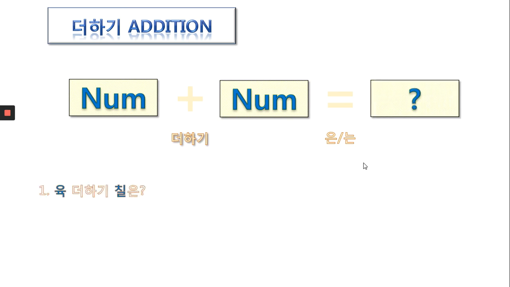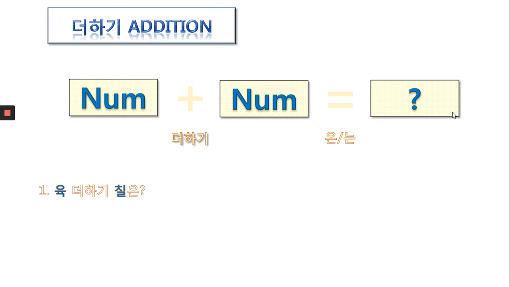So for example, 6 더하기 7은 what? 뭐예요? Do you understand? So what is 6 plus 7? Okay, 6 더하기 7은 뭐예요? You need to calculate. Where is my calculator? 계산기 어디에 있어요?